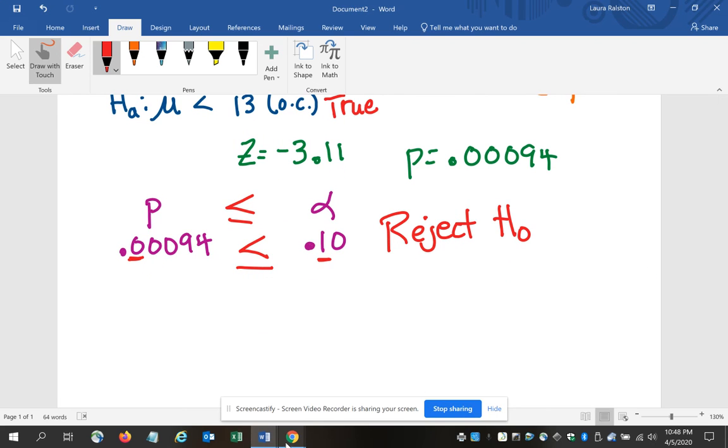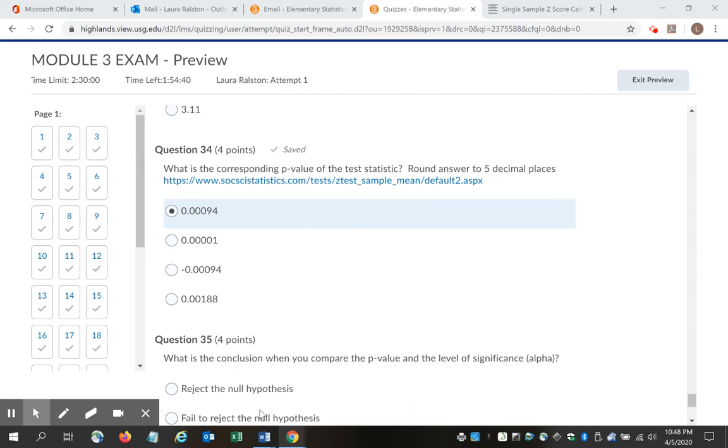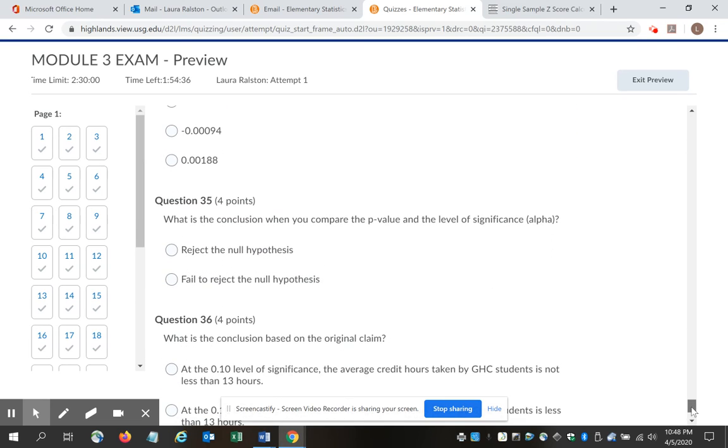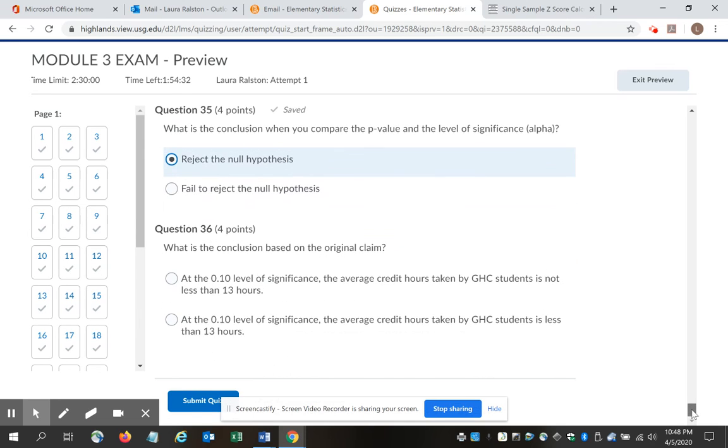So we go back. We reject the null, and we have to say that it is less than 13 hours, because that was the statement as the alternative.